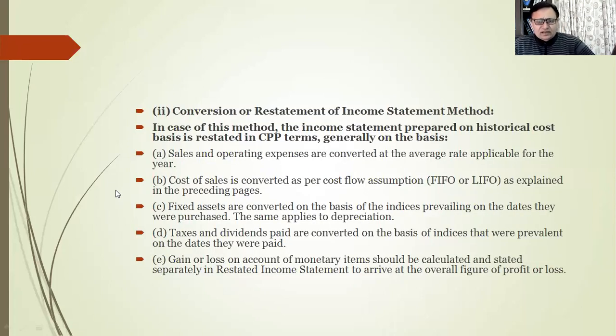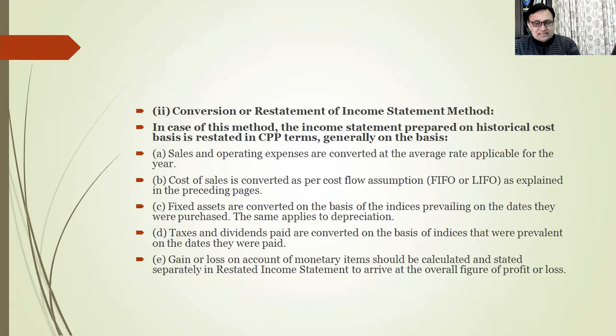So the conversion or restatement of income statement method is also there. In case of this method, the income statement prepared on historical cost basis is restated in CPP terms generally on this basis. Sales and operating expenses are converted at the average rate applicable for the year. Cost of sales is calculated as we have already discussed, by the FIFO or LIFO method as explained in the preceding pages.